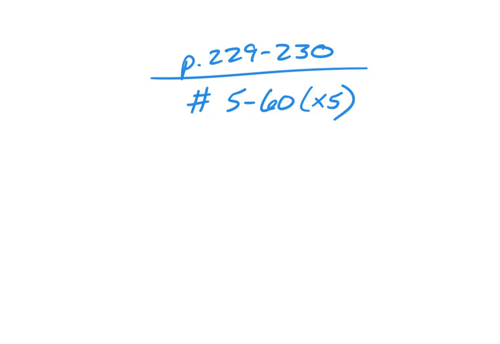On the inequalities, you're going to have less than, you're going to have greater than, and they're going to ask you to solve it, they're going to ask you to graph it, and then you're going to have to write your answer in interval notation as well. So you're going to do all 3, like we did on those last couple.